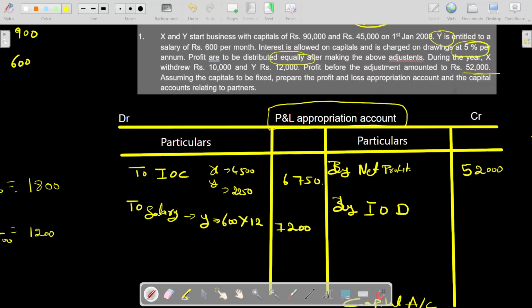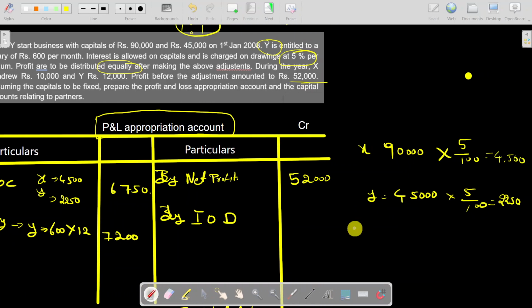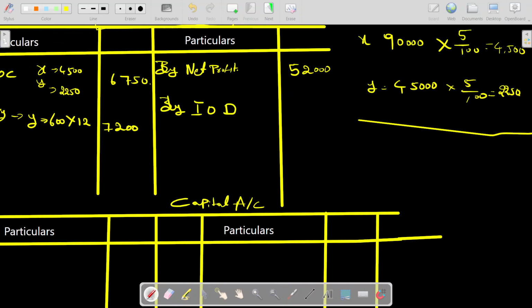And next we have to calculate the interest on drawings. First, we don't record drawings in the profit and loss appropriation account. We will record the drawings in the capital accounts only. Right. We will record interest on drawings here, not only drawings. So how much interest on drawings? First of all, how much drawings they are taking?